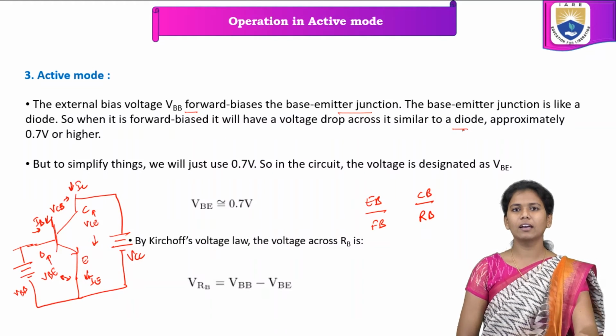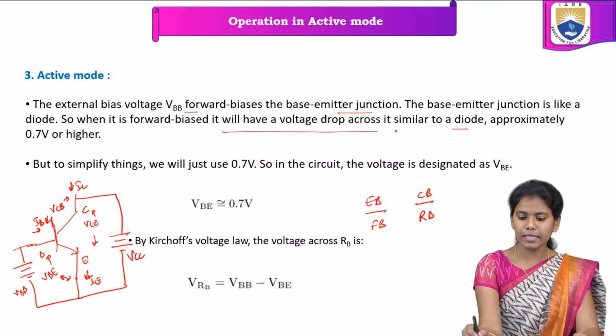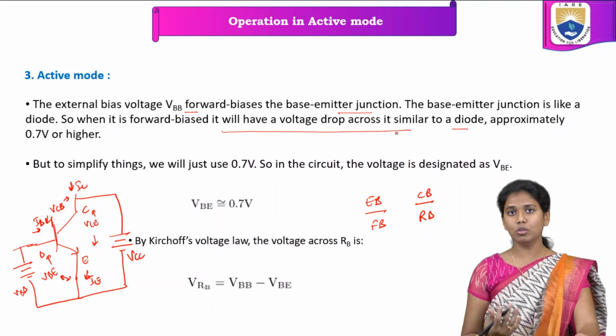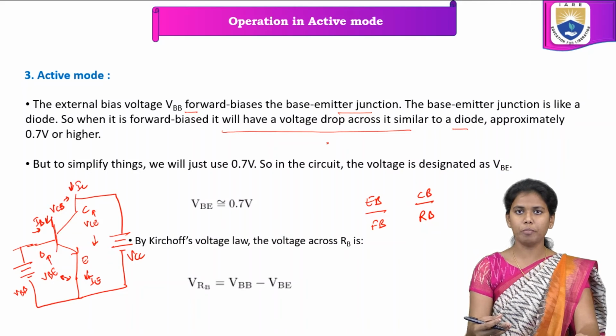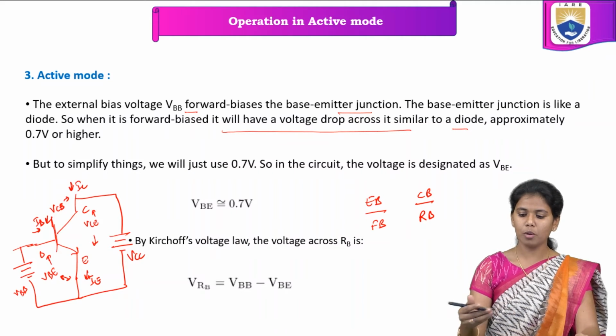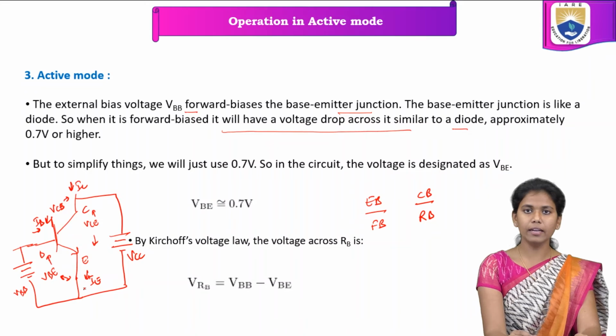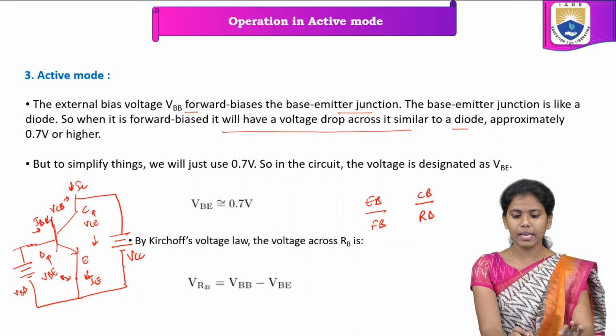From this we can say that the BJT can also act as a switch, and when you compare it with the diode, there is a voltage drop between base and emitter.